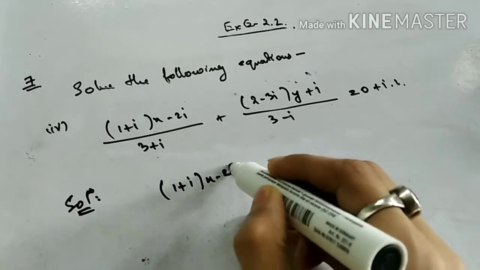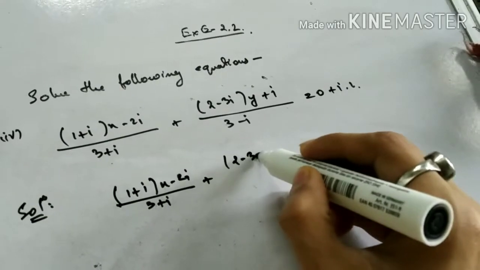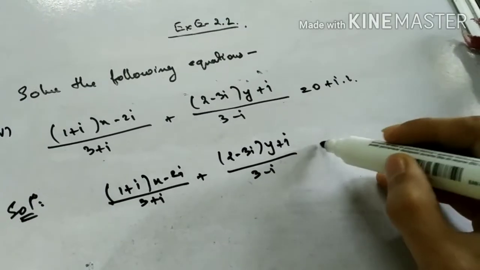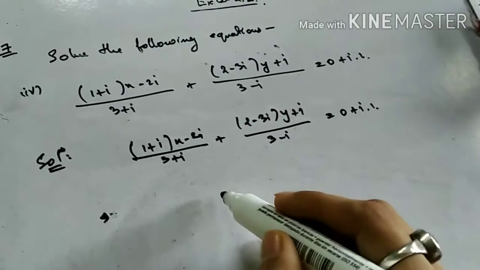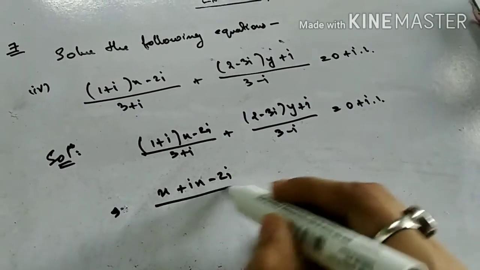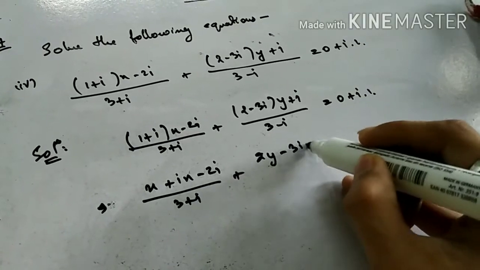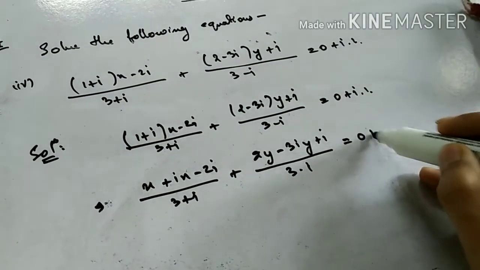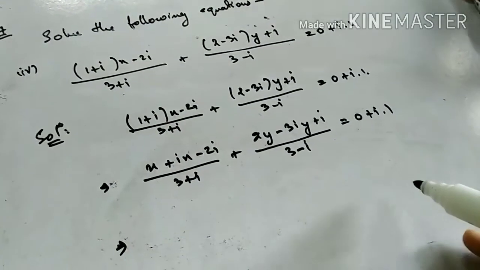So this is (1 + i)x - 2i over 3 + i plus (2 - 3i)y + i over 3 - i is equal to 0 + i. So this one: x + ix - 2i over 3 + i plus 2y - 3iy + i over 3 - i is equal to 0 + i.